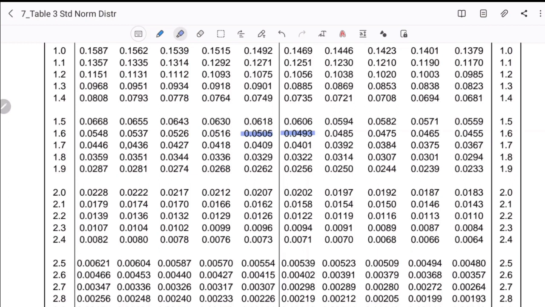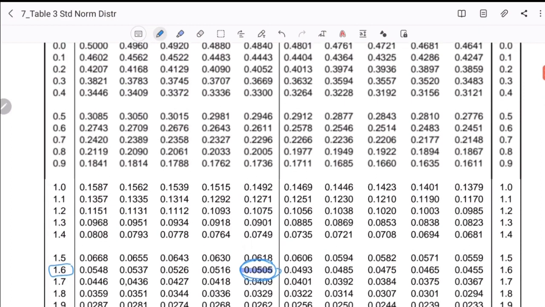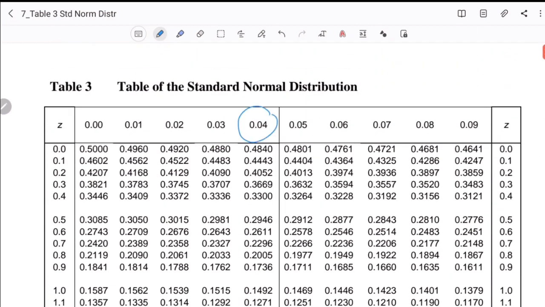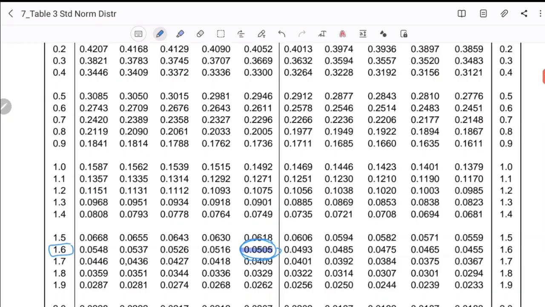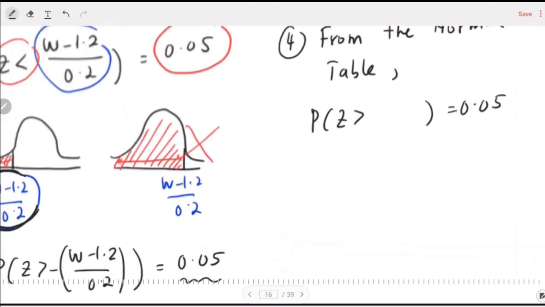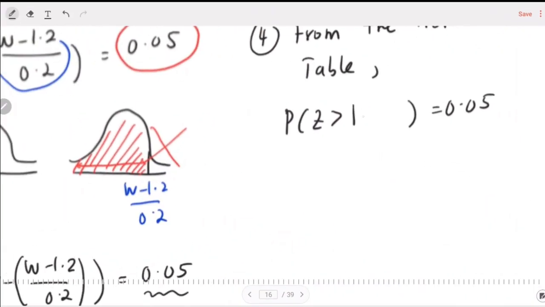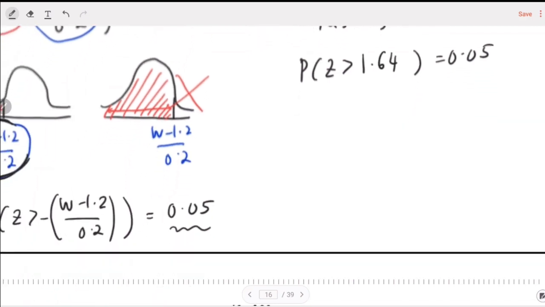The closest one to 0.05 is this one, because the difference is only 0.0005. The other one, the difference is 0.0007. So here the value of Z is 1.6 and the second decimal 4, so 1.64. Probability of Z greater than 1.64 will give us a probability of 0.05.